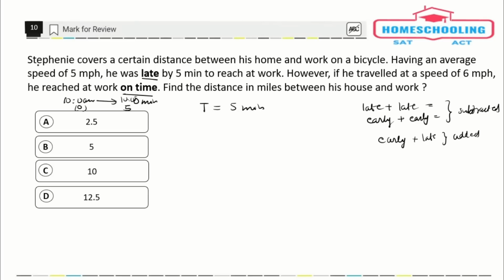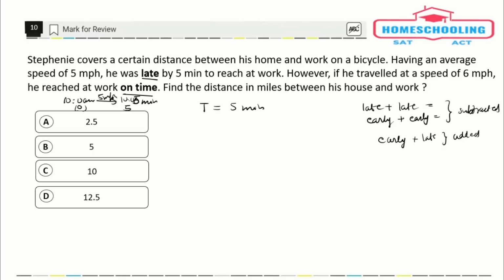So now let's take the question. Stephanie covers a certain distance between his home and work on a bicycle. Having an average speed of 5 miles per hour, he was late by 5 minutes. So instead of 10 a.m., he reached at 10:05.